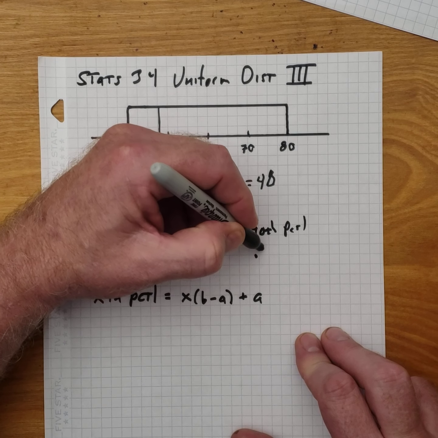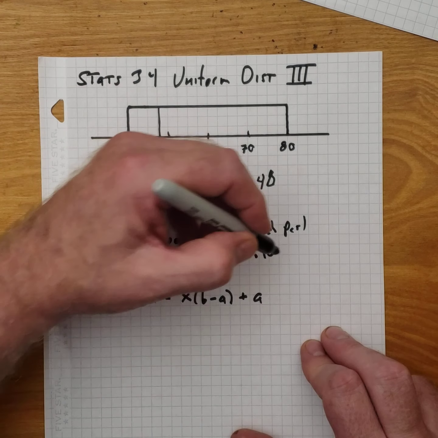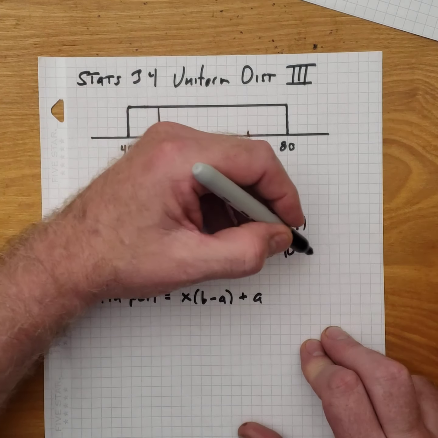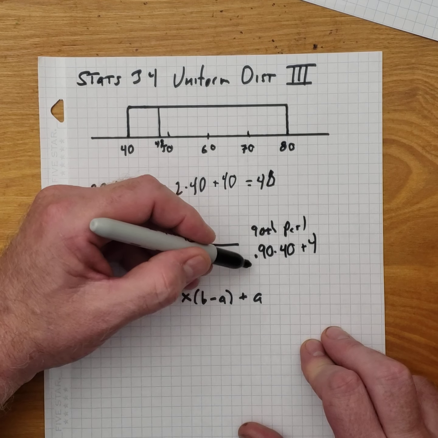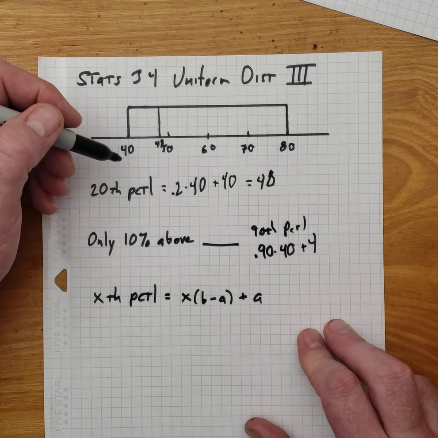So we're going to multiply 0.9 times the length of the rectangle, which is 40. And then we're going to start that at 40, right? That gives us the length of the rectangle that represents the 90%, and we want to go 90% up from 40.